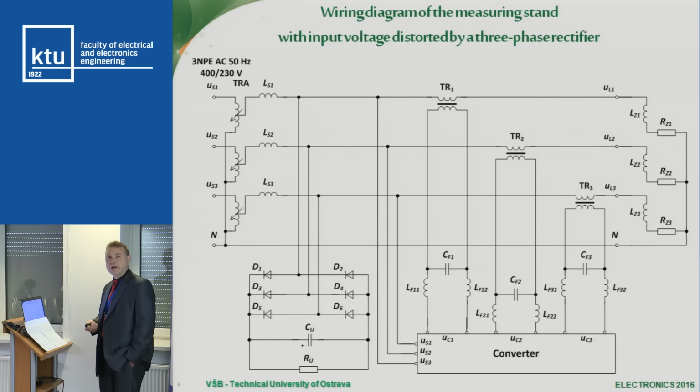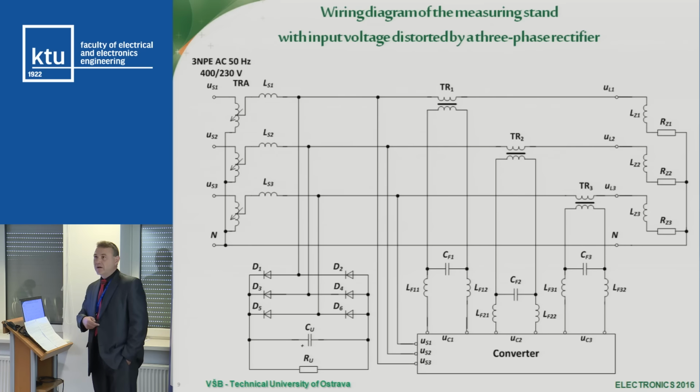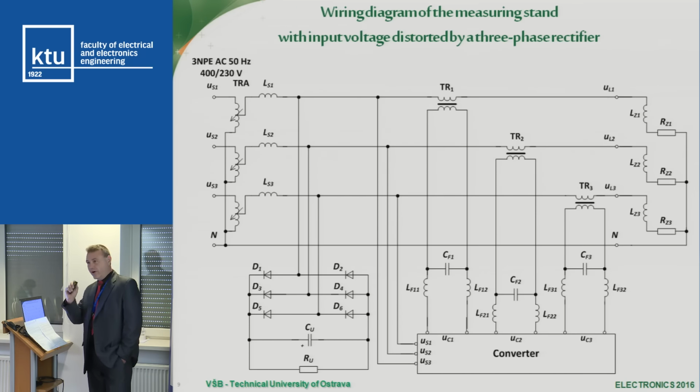We measure this with some distortion voltage. We take here some inductance, and here we distort the supply voltage. First from three phases rectified, and the other is one phase rectified.